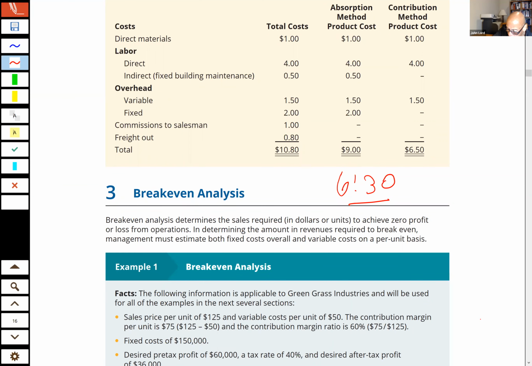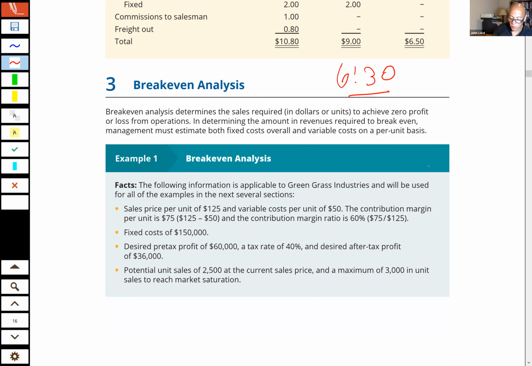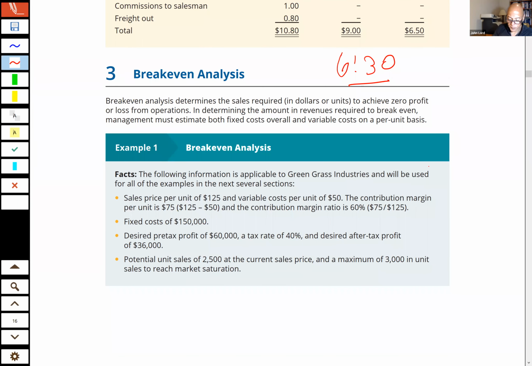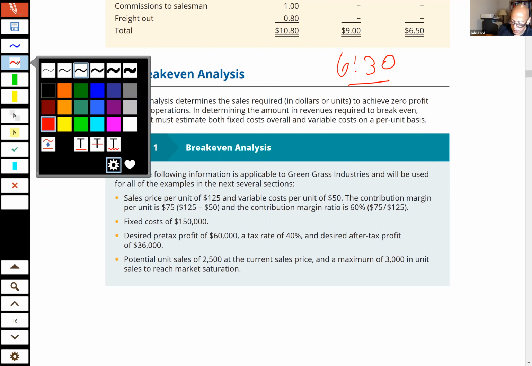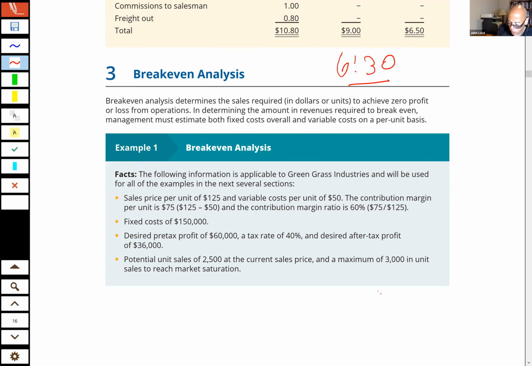Okay, let's start to look at the notion of break-even analysis. When we look at break-even analysis, we'll be taking a look at our contribution margin. We'll be seeing to what extent we can generate enough contribution margin to first cover fixed cost, and at that point, we will break even.